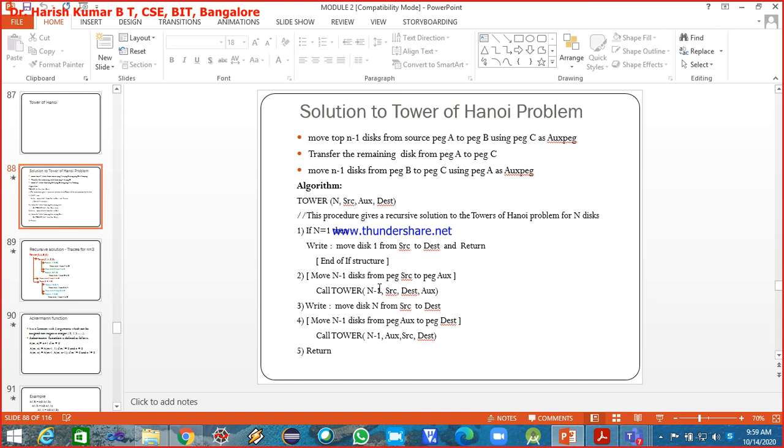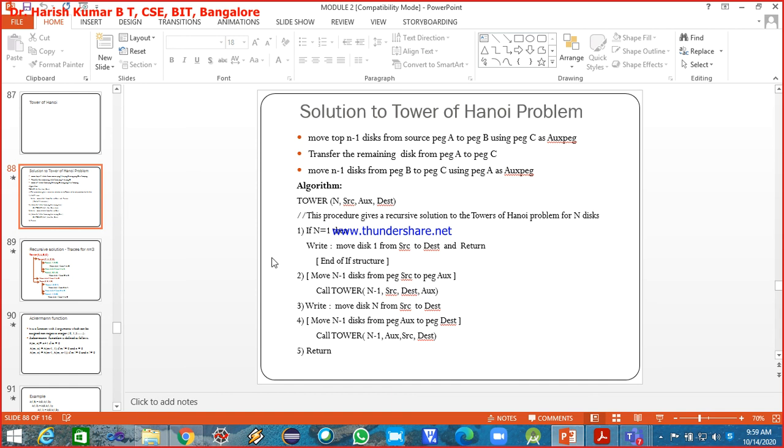Same thing we apply even when we are writing the program. Okay. So I think we'll stop here for today. Tomorrow I'll go with the program of this Tower of Hanoi. Okay, and then you understand the program. We will also trace it, and after that we'll go with the next topic.